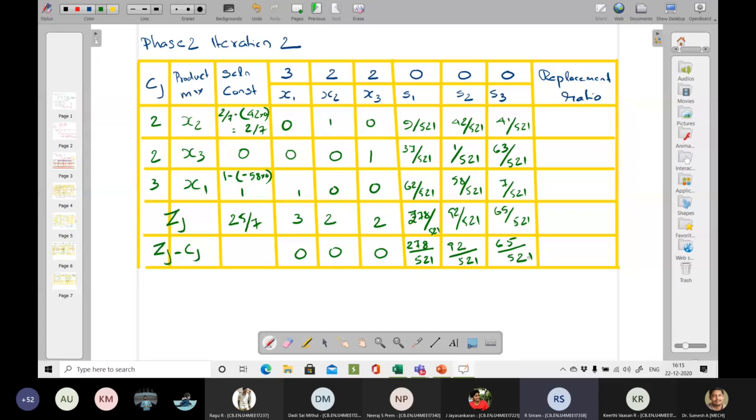Sir, a small doubt, sir. Under S2, sir, for Zj, will it be 84 plus 286 plus 174? Will it be 260 by 521 for Zj? Under S2, okay, how much is it? 2 into 42, that is 84, plus 86, plus 174 by 521. So will it be 260 by 521? Okay, right. I have to check. Okay, sir, I'll check, no issues.